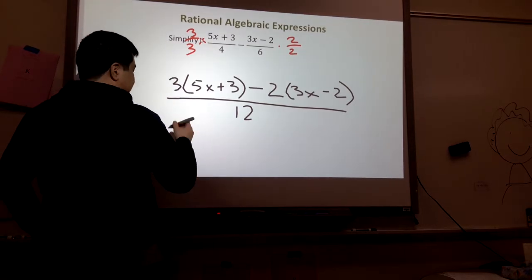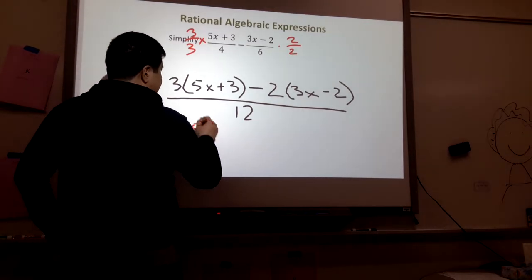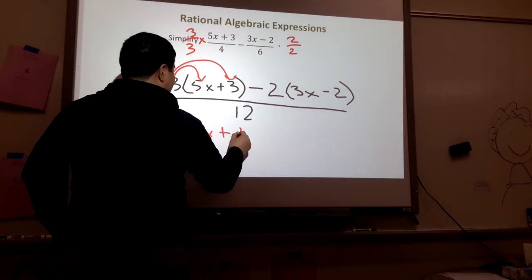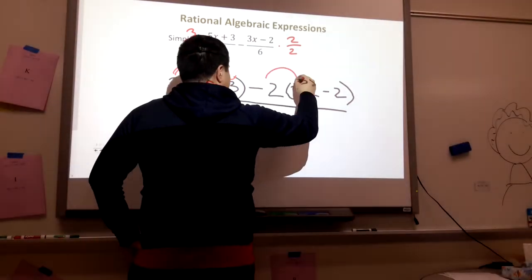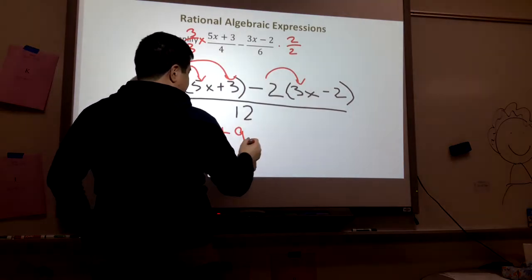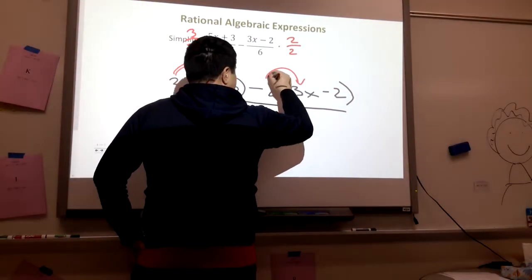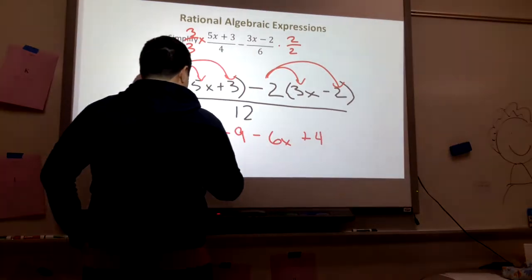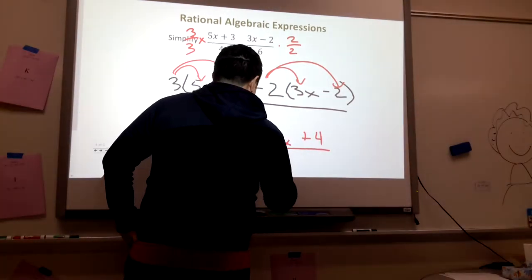When we do that, we get 15x plus 9, and we have negative 2 times 3x, which gets us negative 6x, negative 2 times negative 2, which is plus 4, all over 12.